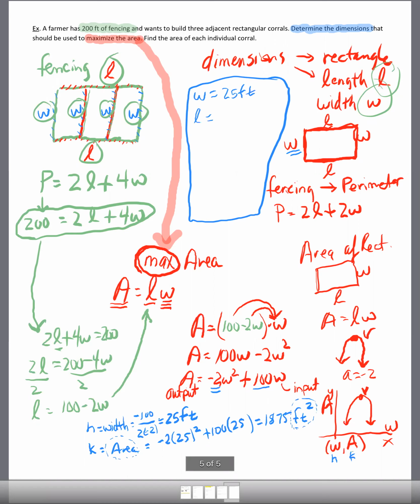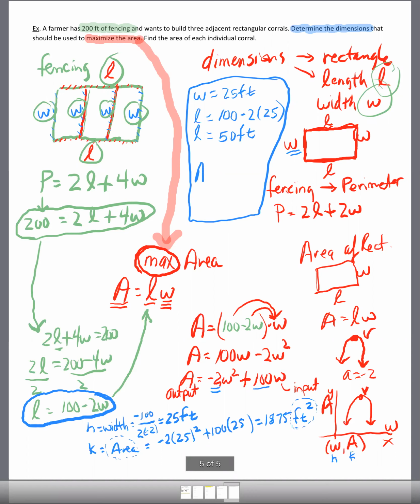Well, lucky for us, down here, when we did that substitution for length, he was waiting this entire time for us to know what W was. And so to find the length, we would use the 100 minus 2 times the width, which was 25. This tells us that the length would have to be 100 minus 50, which is 50 feet.